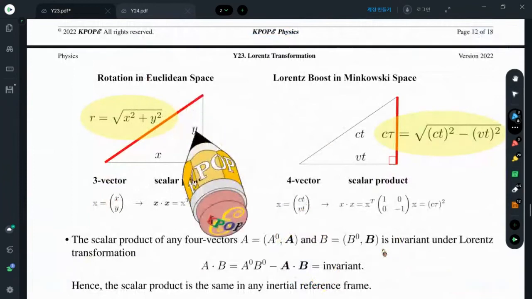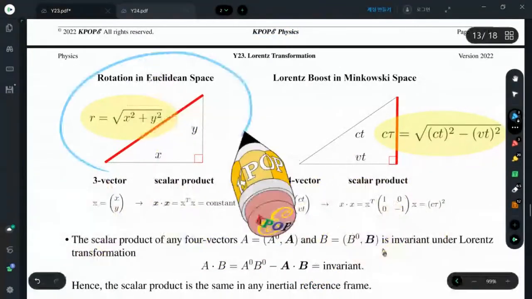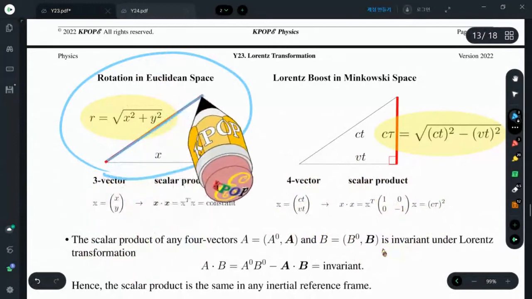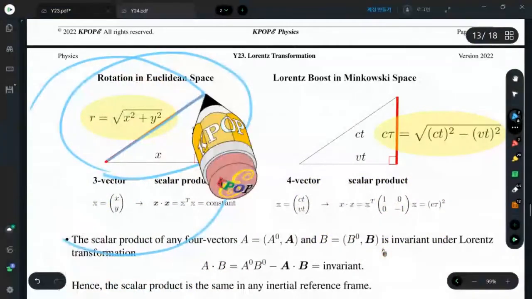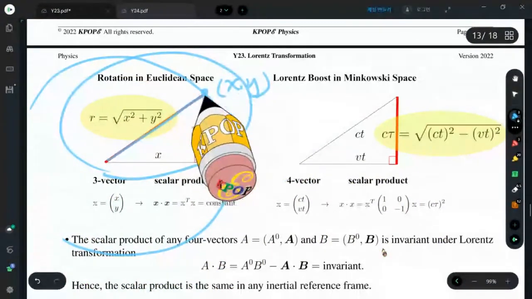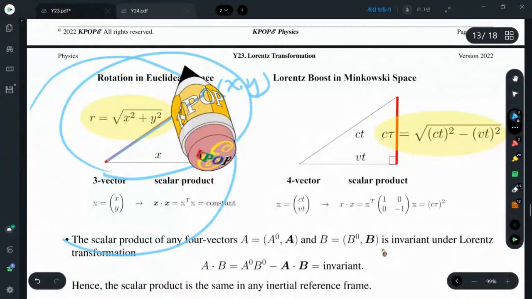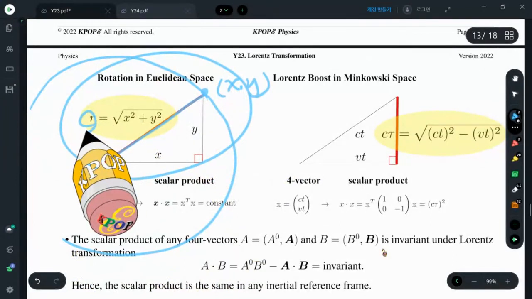So, for example, we have a right triangle. In the Euclidean space, the radius is invariant. Then we can draw a circle, and these points represent the coordinates of a point on a circle. In here, R is invariant.